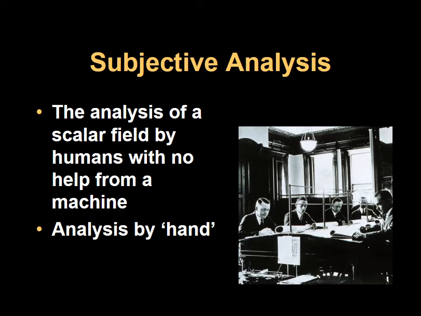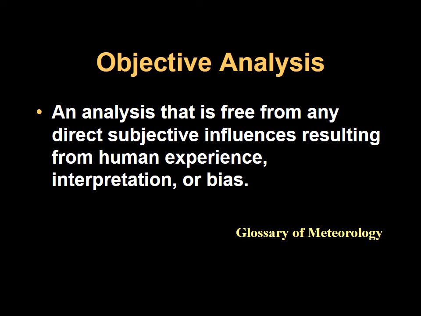This is also called hand analysis. And believe it or not, this is still done at many weather services to get a good feel or a good handle on the small scale features of the weather. Now, that's completely different than what we do mostly today, which is objective analysis.